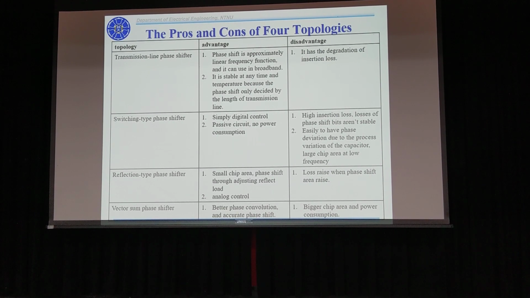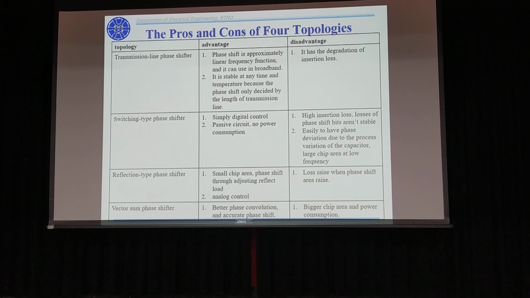The third is the reflection type. It is analog control and it has a smaller chip area, but when the area rises, the loss rises too. The last is the vector sum type. It has better phase convolution and accurate phase shift, but it has bigger chip area and power consumption.